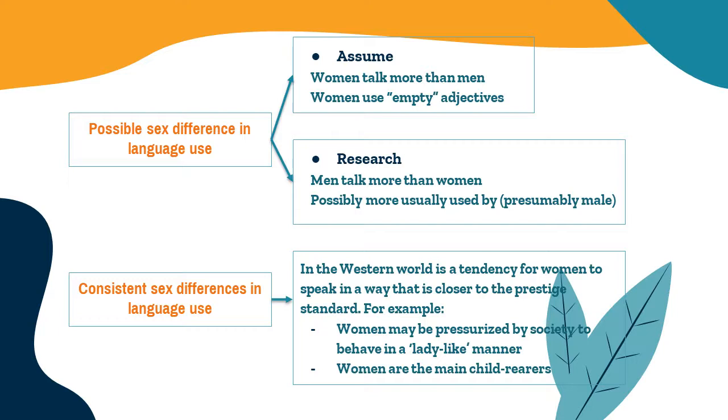Similarly, it is sometimes claimed that women use empty adjectives, such as divine, charming, cute, yet this type of description is possibly more usually used by presumably male writers in popular newspapers to describe women. The most consistent difference found between men and women within the Western world is a tendency for women to speak in a way that is closer to the prestige standard.